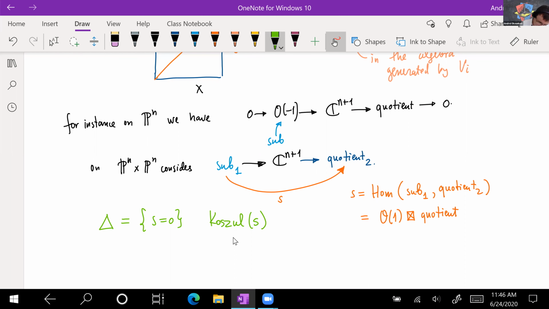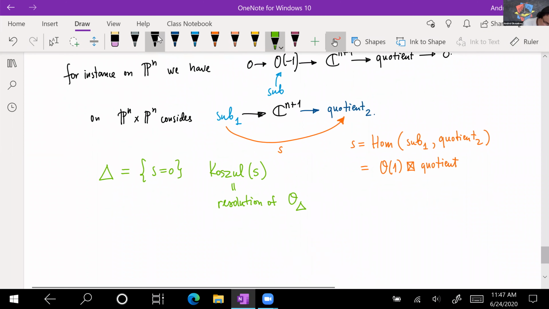That is the resolution of the diagonal. And since that resolution is going to involve only powers of O(1), and in fact you can see which powers of O(1) it is going to involve, this proves what I claim.